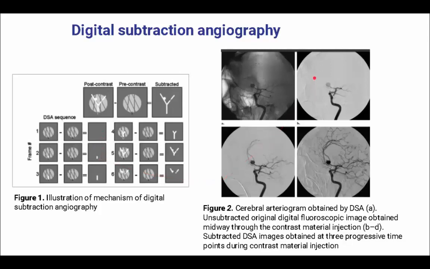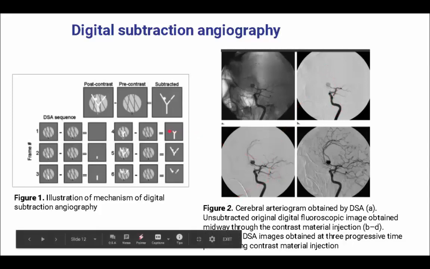It's another image, and this is a post-contrast image taken after the injection of contrast agent, and this is a number of digital subtraction images taken while the contrast agent travels down the blood vessels of interest.